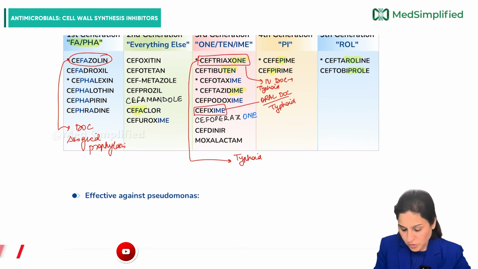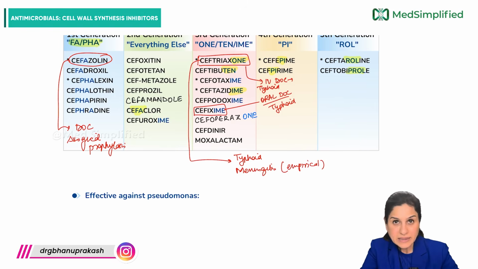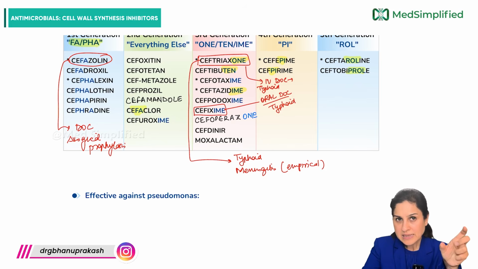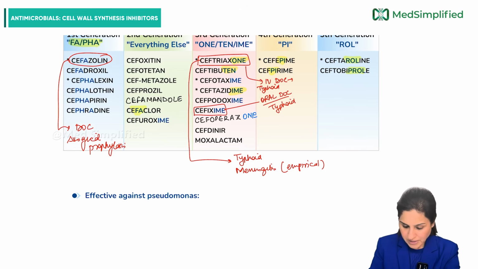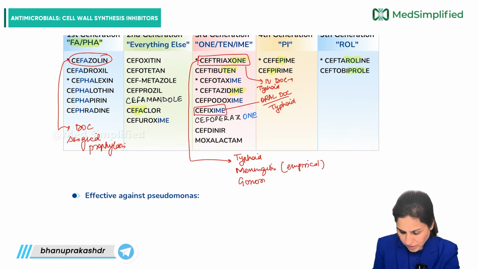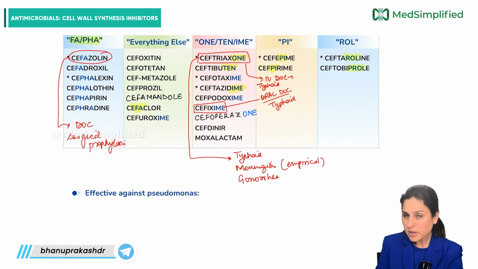It is also used in meningitis as empirical treatment. Remember, this is an empirical treatment. Penicillins are the definitive treatment, and for prophylaxis, we have ciprofloxacin or rifampicin. Remember that, right? And the drug is also used in gonorrhea. Okay, so these are the important points here from the group.